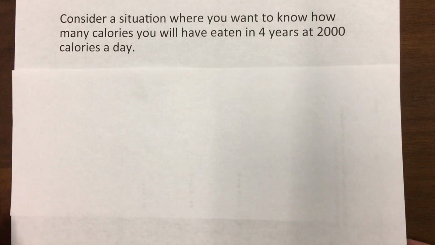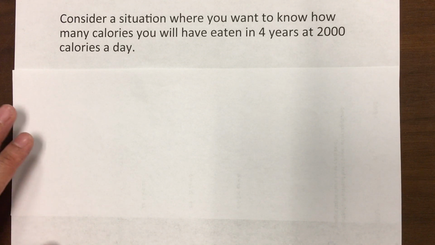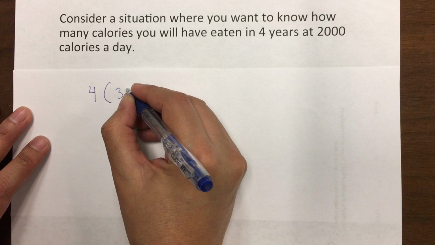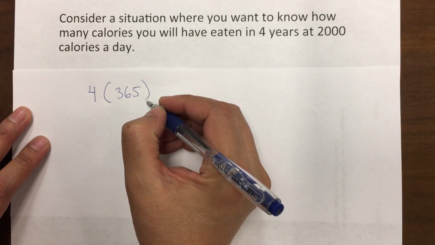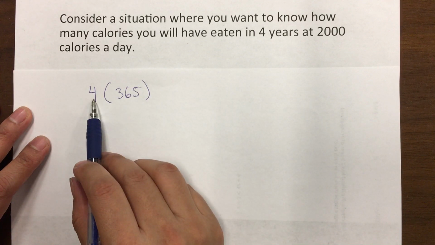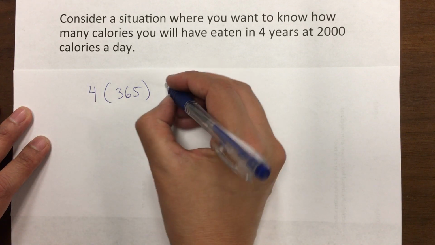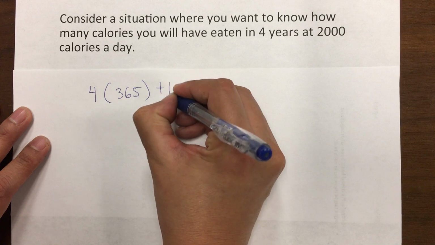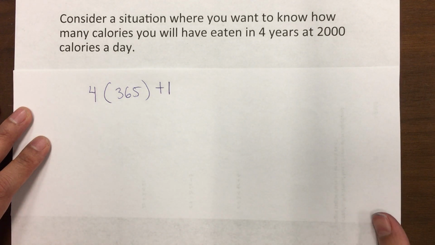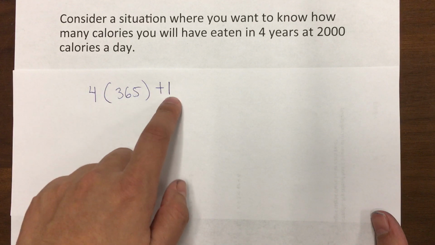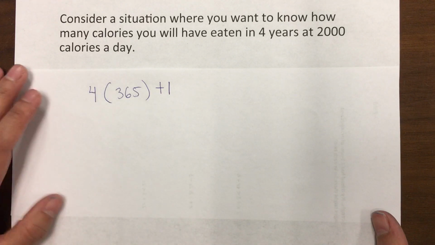So how many days are there in 4 years? Well, each year has 365 days, and you multiply that by 4. However, every 4 years there is a leap year where they add 1 day to February. Usually February has 28 days, but every 4 years it has 1 more day, so 29 days.